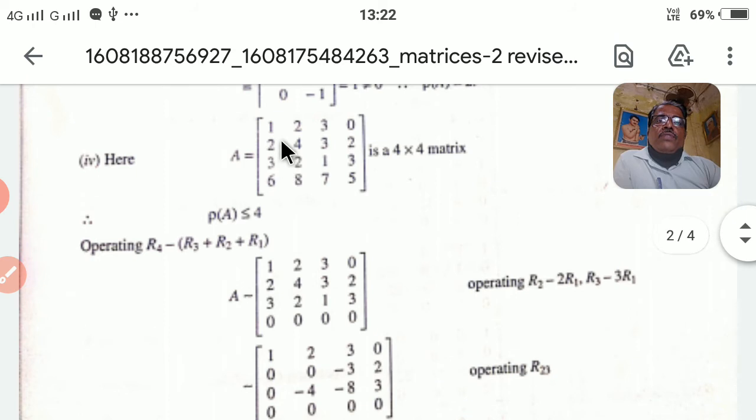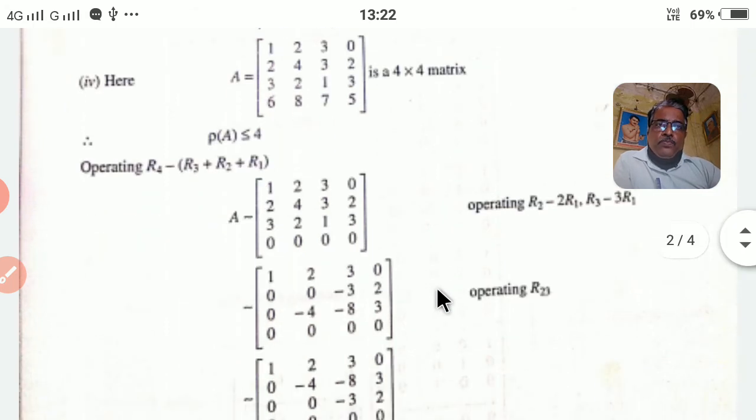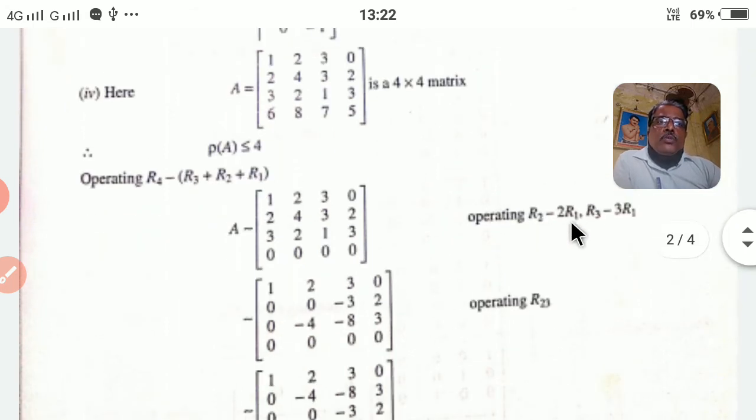The first row as it is, second row as it is, third row as it is. This fourth row can be written by using this operation. Operate this, then we get the fourth row as 0 0 0 0. Next operate R2 minus 2 R1 and R3 minus 3 R1.